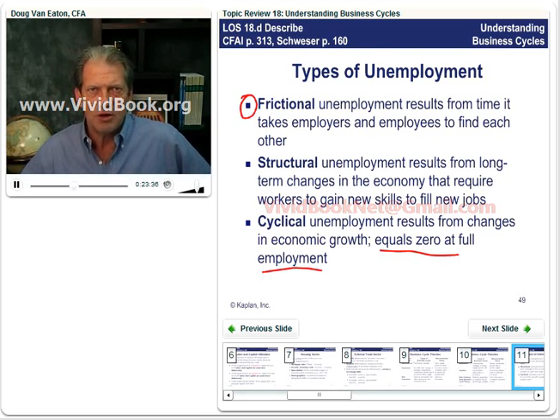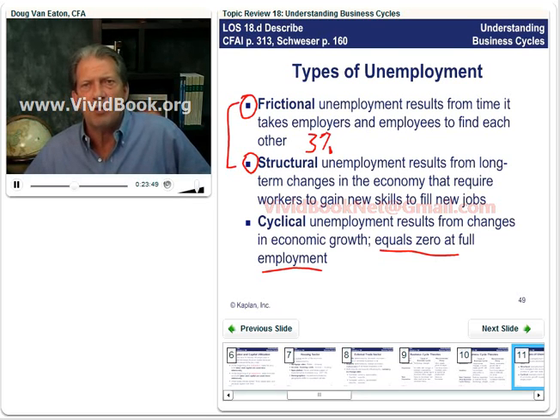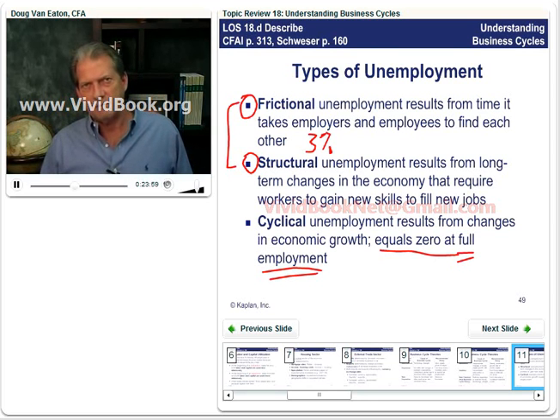Frictional unemployment and structural unemployment are always with us. And maybe that runs as high as 3%. So maybe at an unemployment rate of 3%, we say, well, we are at full employment. Cyclical unemployment is zero.